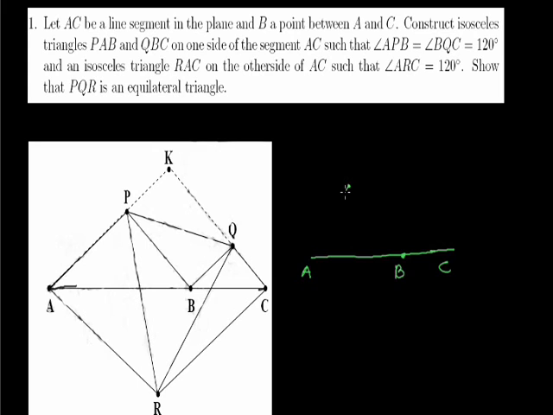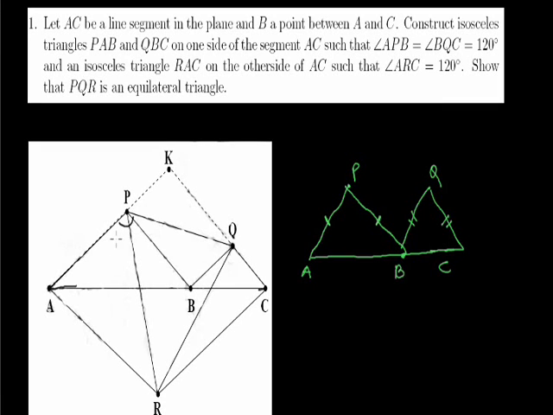Here I'll take the point P and this is how I'll draw an isosceles triangle PAB, as we can see in the figure also. Now another triangle QBC, I'll be drawing like this. This is the point Q and this is an isosceles triangle. Now this is my main diagram.